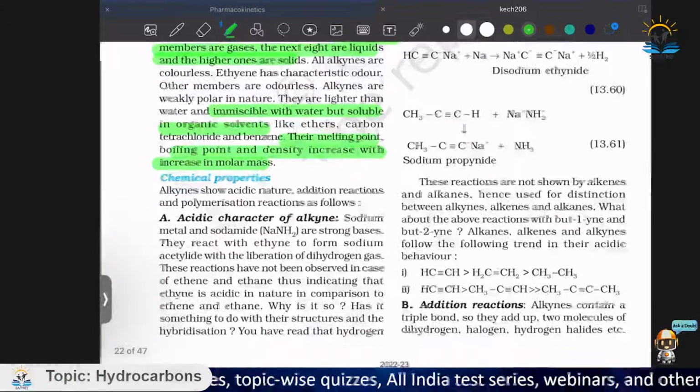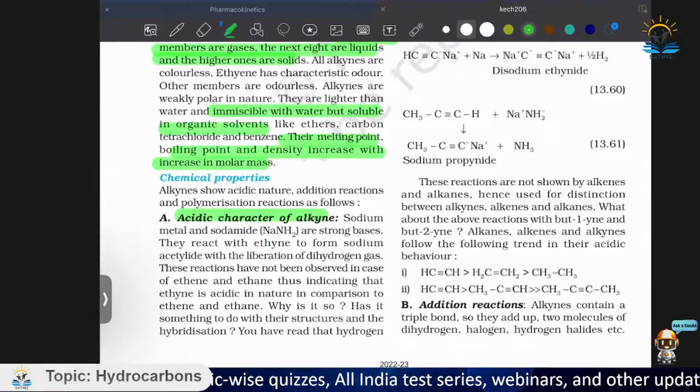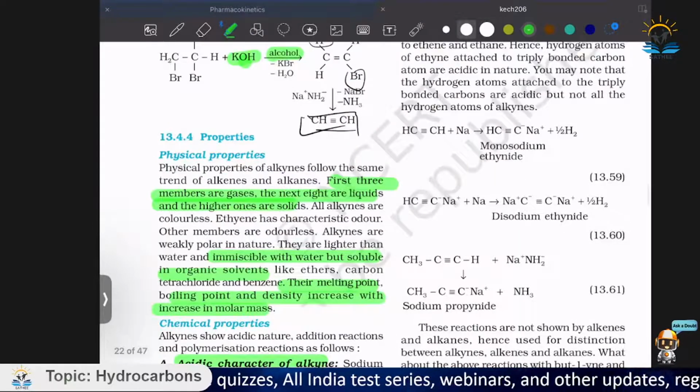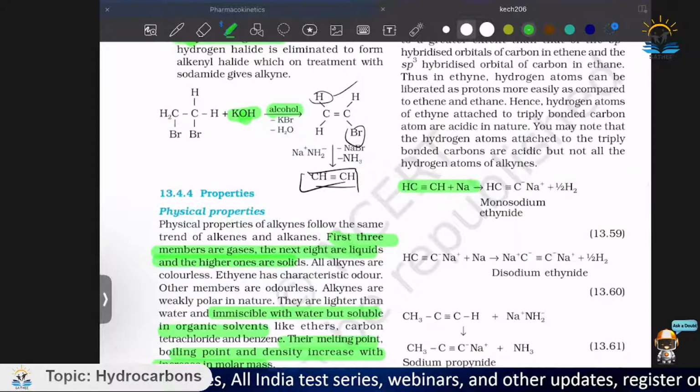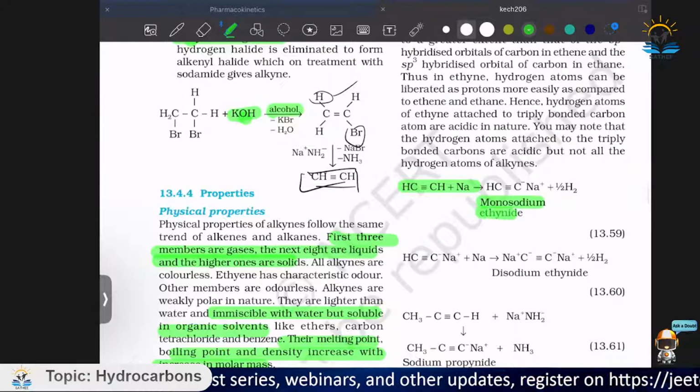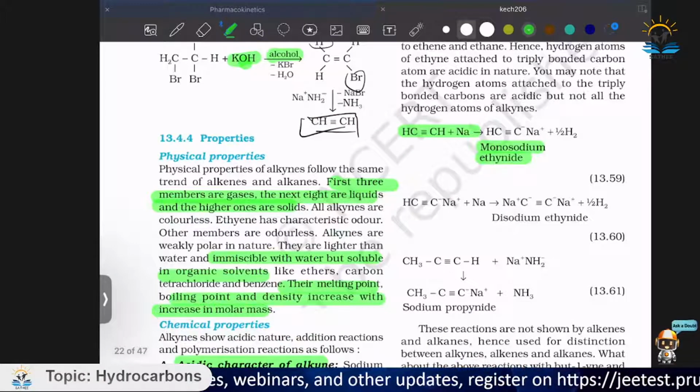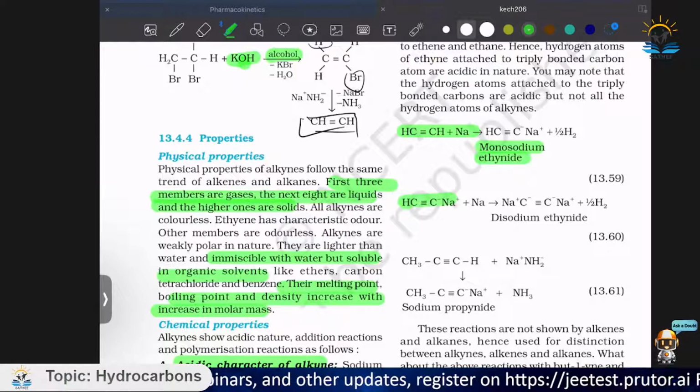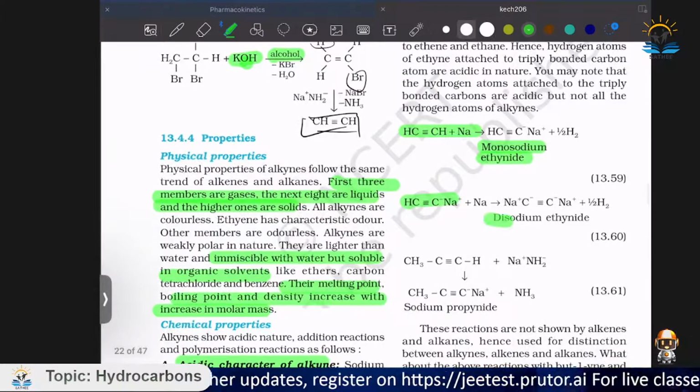Now, chemical properties: acidic nature of alkyne. How is it shown? If you give sodium metal to an alkyne, you will get monosodium ethynide. Give another sodium metal to this alkyne, it has one more acidic hydrogen, it will give you disodium ethynide.